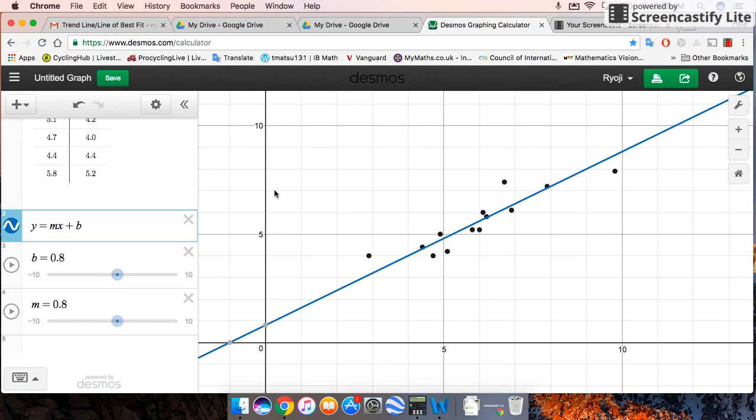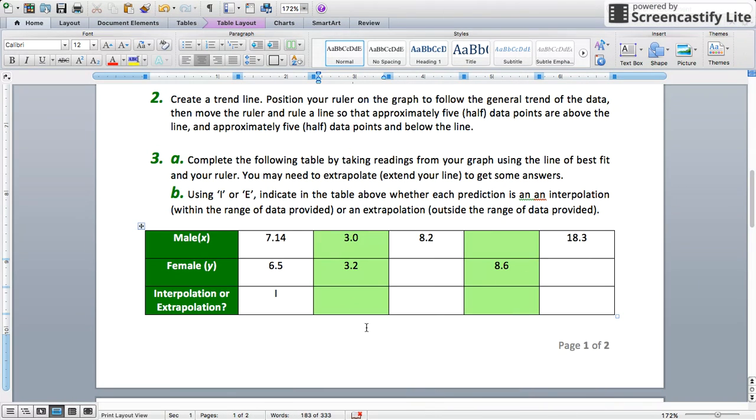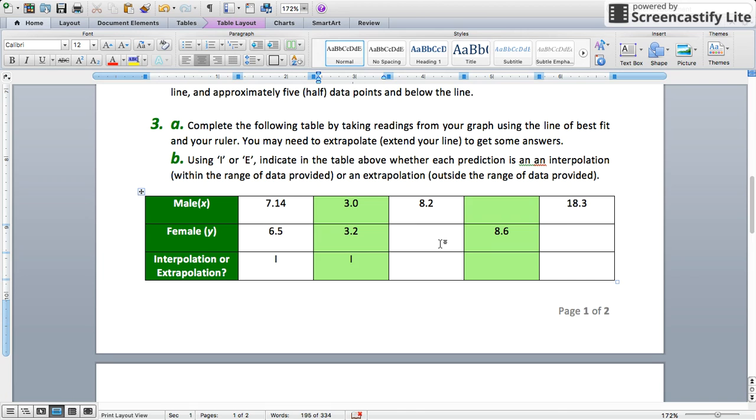Oh, sorry, 6.5 for Y. Yeah, that's still interpolation. Okay, and then 3.0 for X. That's just beyond this point, all right? So that's also interpolation. Okay, so you can fill in the rest of this table.